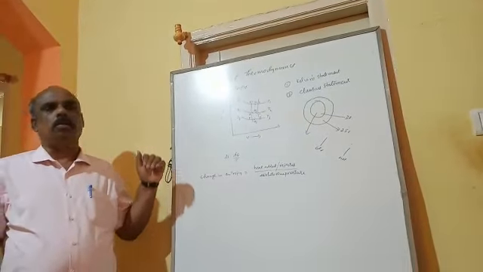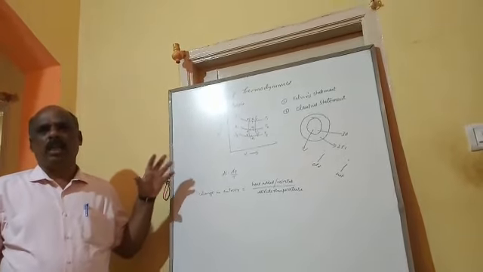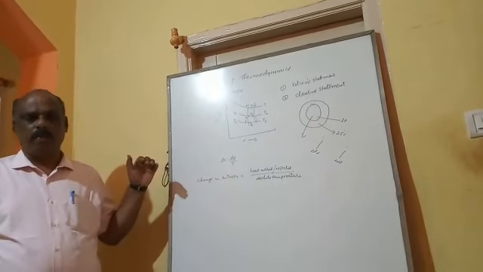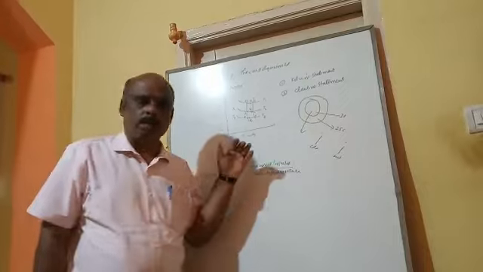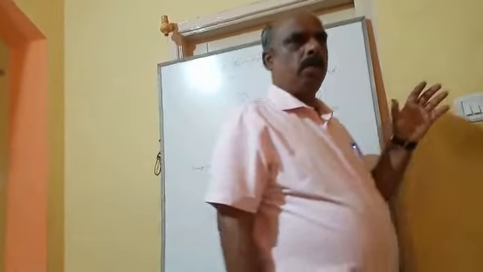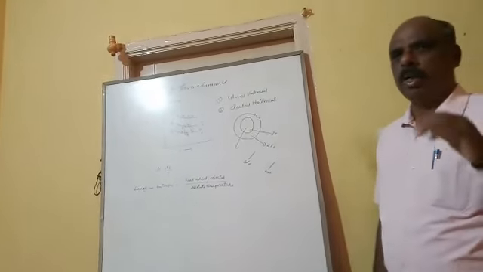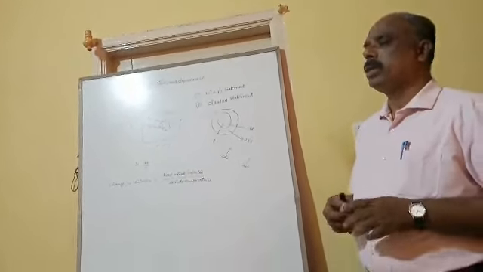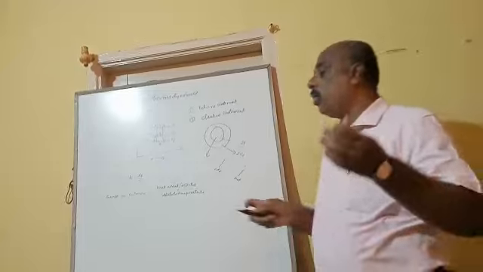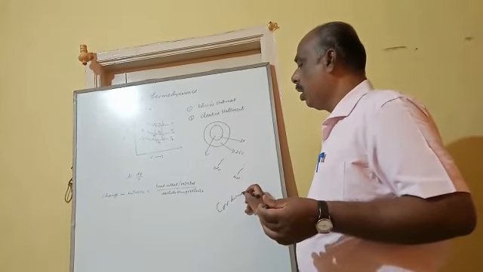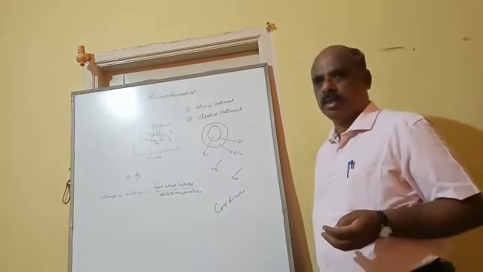So what is entropy? See, in the earlier beginning of the thermodynamics topic, I told you about the thermodynamic system. What is a thermodynamic system? A thermodynamic system is one which is explained by its coordinates. Coordinates are called the variables of a system.